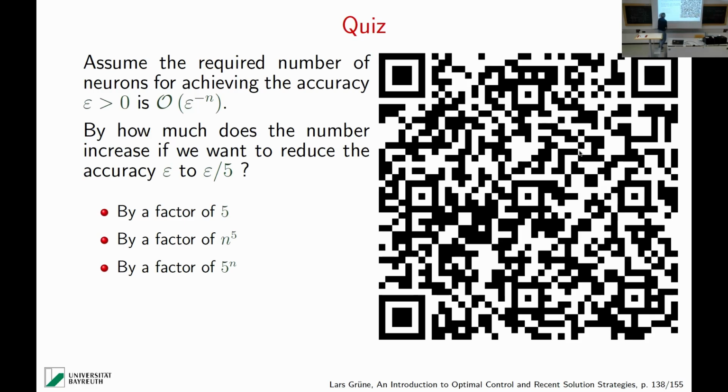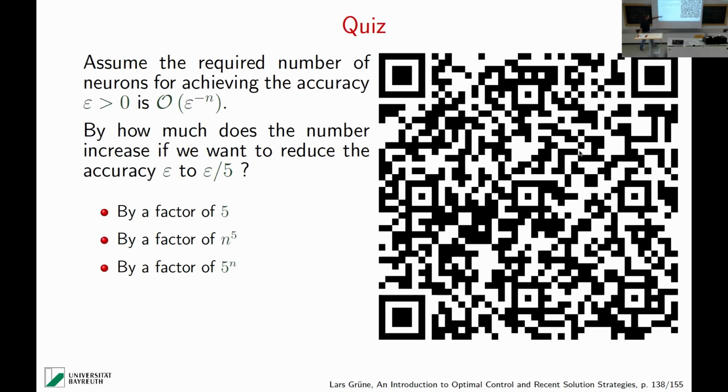You see it if you divide epsilon by 5, you get 1 over 5 to the power of minus n here, and then of course the 5 to the minus will cancel out, so then you get 5 to the power of n. And the unfortunate consequence of that is that this is the worst of the 3, right?